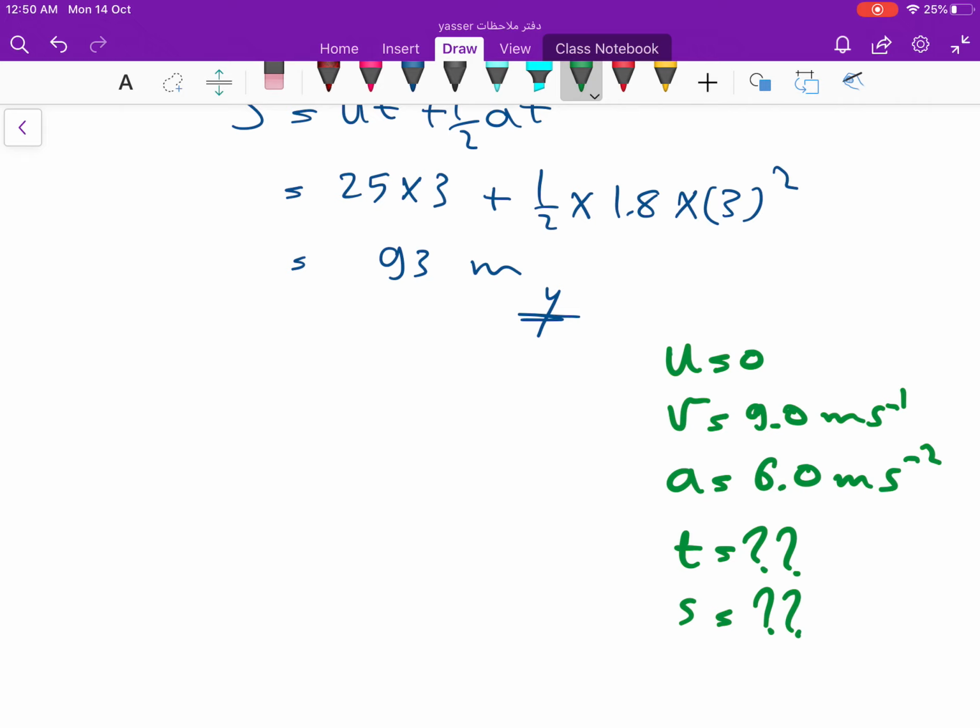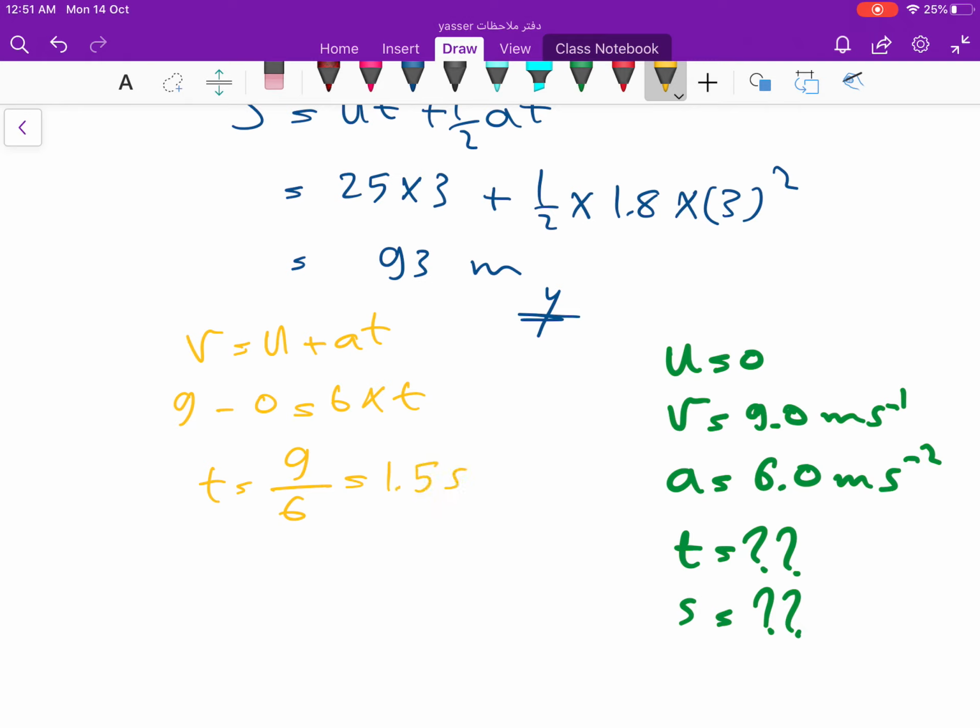We are going to use the same method we did before. For finding the time, we use the first equation, v equals u plus at. v is 9 minus u, which is 0, equal to a, which is 6, multiplied by t. So t is equal to 9 over 6, which is 1.5 seconds.